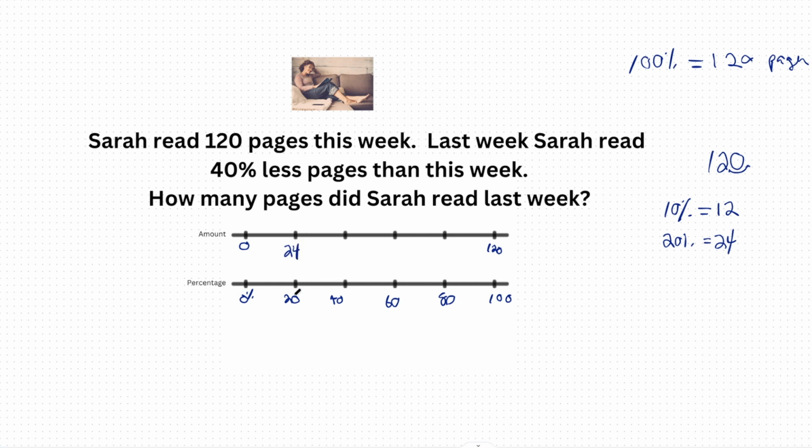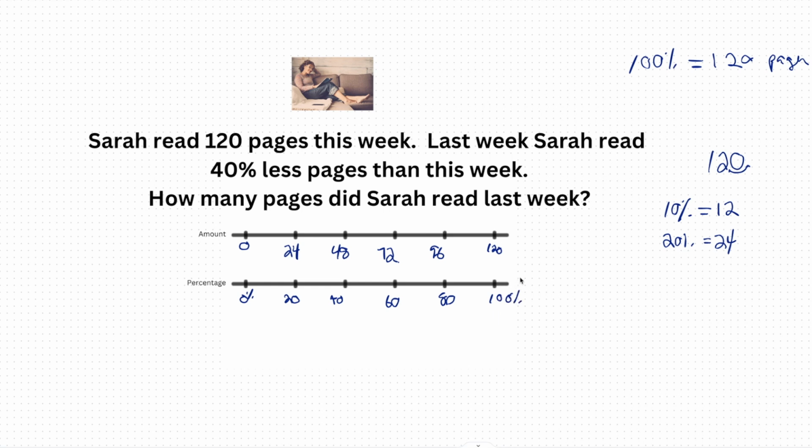Now it gets easy because all we have to do is double it. 24 plus 24 gives us 48, so 40% is 48 pages. Then if I add another 24 here, I get 72. Again, add another 24, I get 96. And finally, we know that 100% is 120 pages.